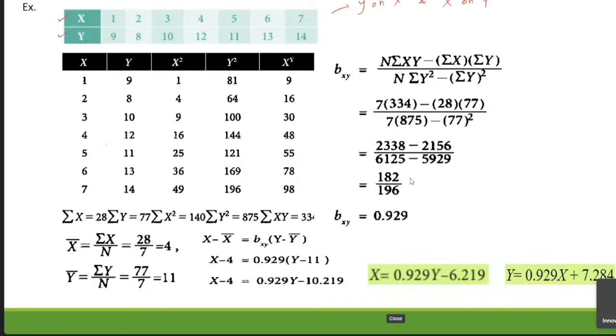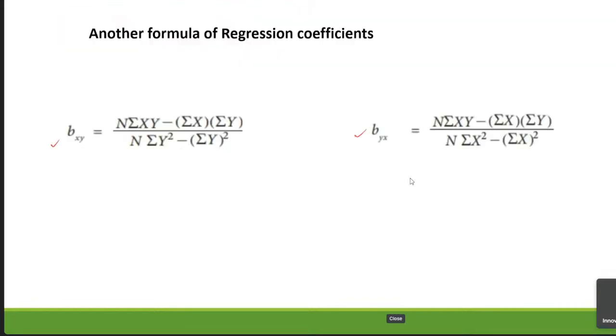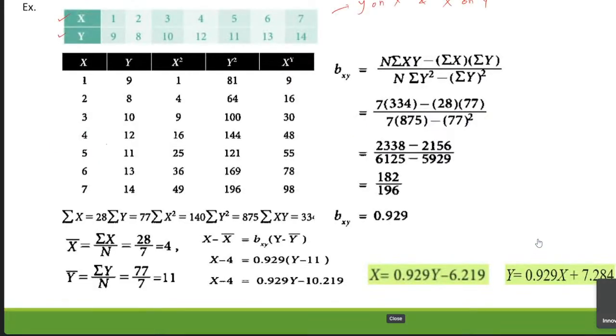I told you before to use the formula bxy and byx, which is written on the above slide. So accordingly, here you just need to make a table, and in this table we will have x square, y square, and x into y. This is the values of x square.